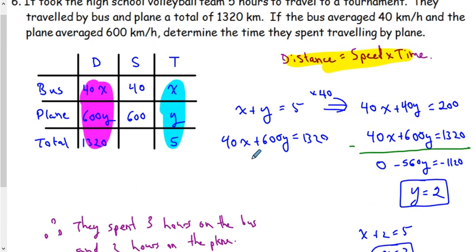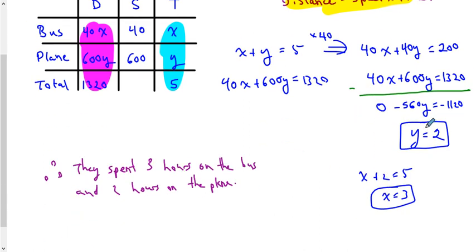Now that I look at it, I bet it's just asking for once. Yeah, determine the time they spent traveling by plane. So I only needed my y value. I was actually done. I didn't have to sub in for x, but hey, what the heck? I'm doing some extra work today.